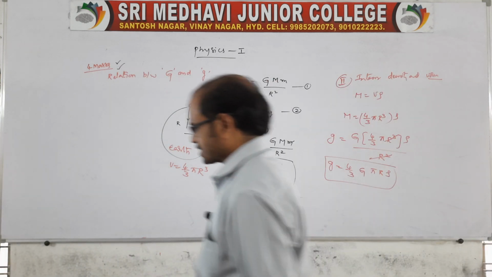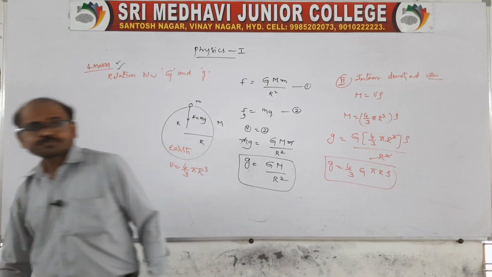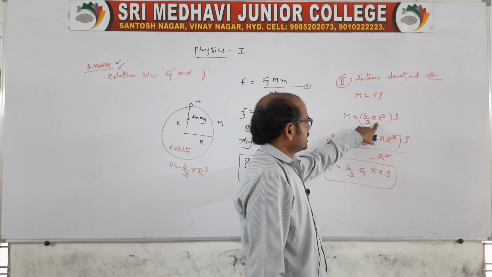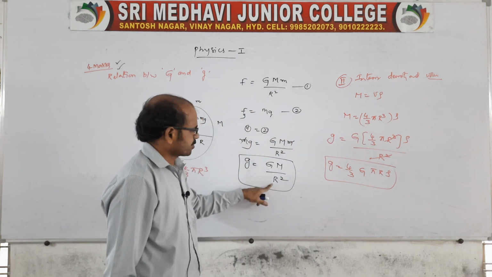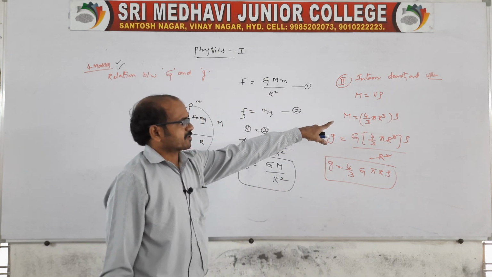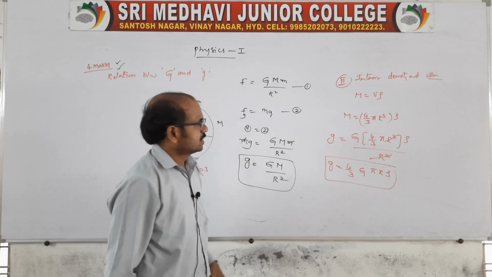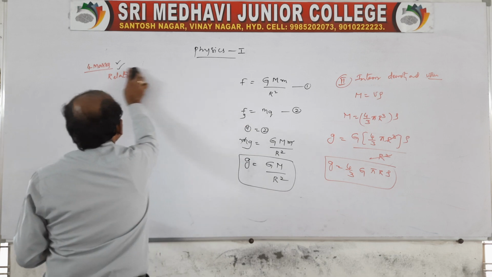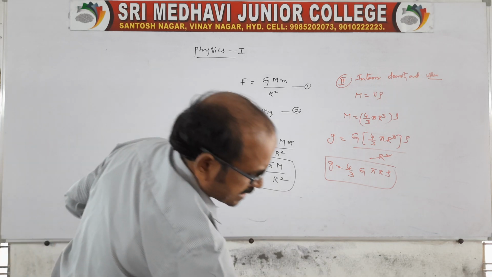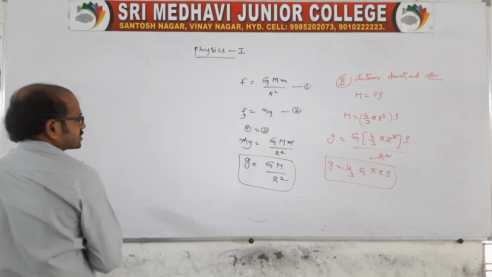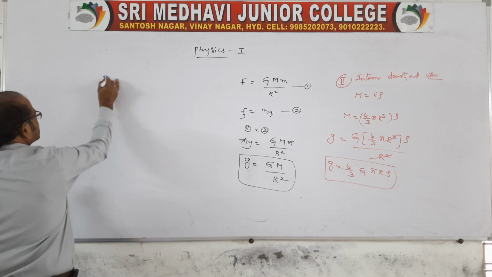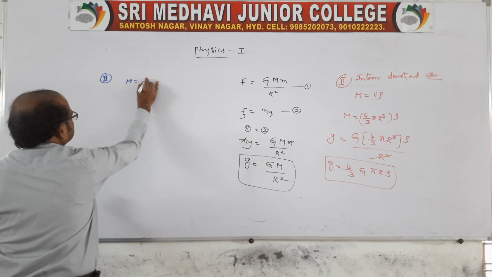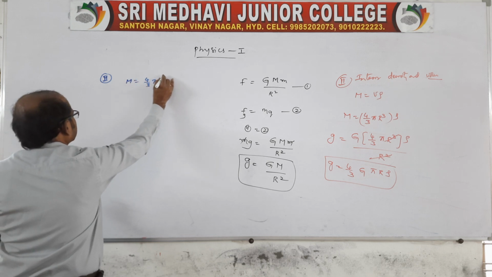Now from the same expression, from mass, here r cube is there, no? Let us now replace r from that expression. Look, I'll tell you. The second case, or second part, is because the first part is over. From there, capital M is equal to 4 by 3 pi capital R cube rho.